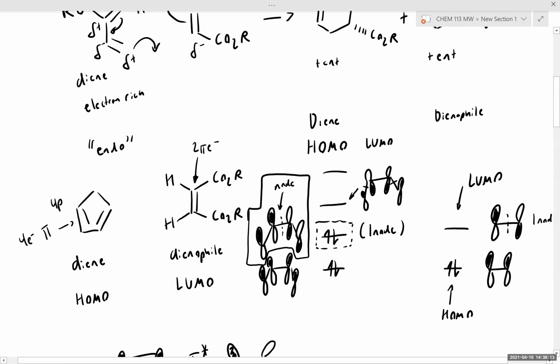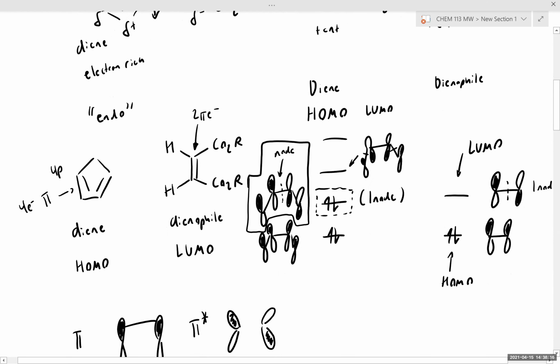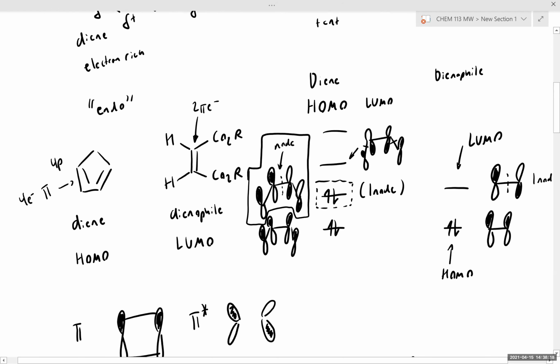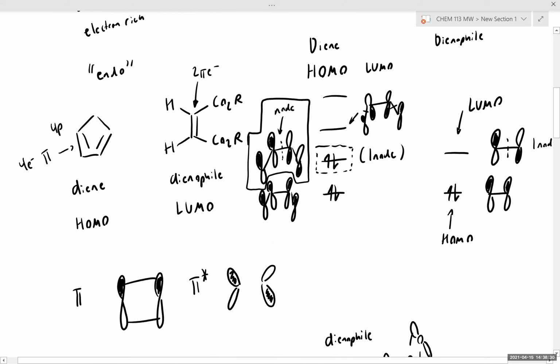So, the Diels Alder reaction fundamentally is a concerted pericyclic reaction. In any concerted bond forming event, we need constructive orbital overlap. So for example, when we have a bonding interaction, fundamentally, we have an overlap between regions of the same phasing.